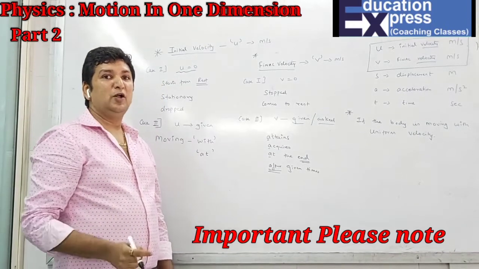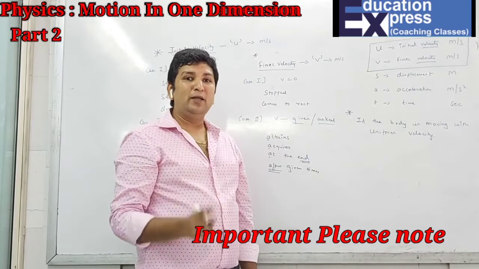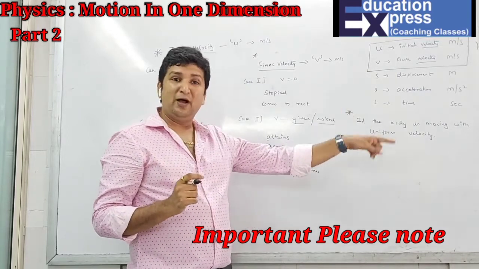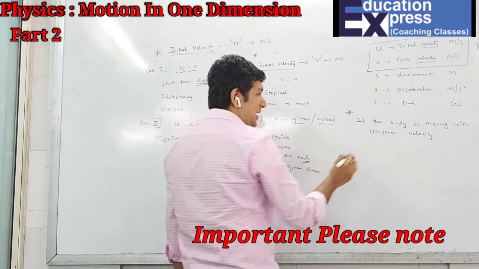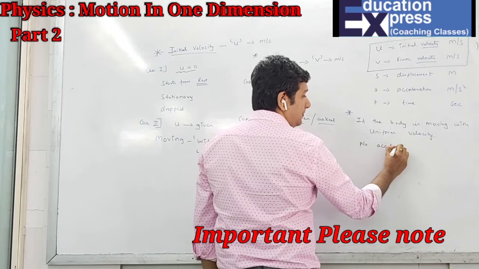I have told you earlier also, the word acceleration can be used only when the body moves with variable velocity. But here, if I say the body is moving with uniform velocity, that means there is no acceleration.